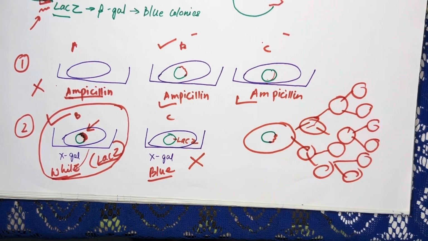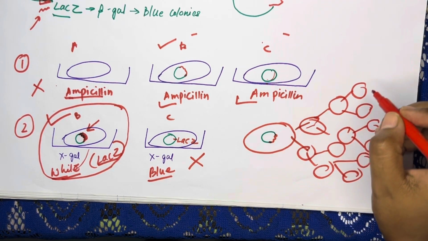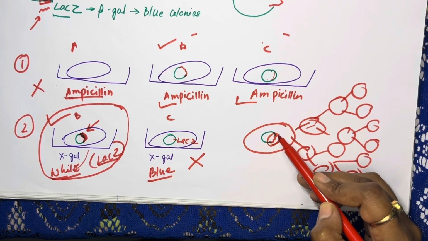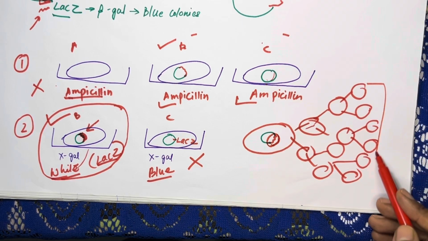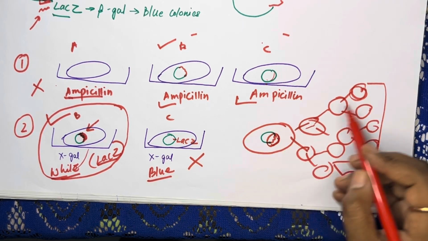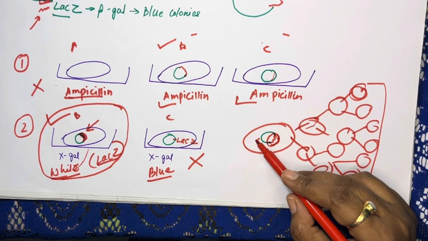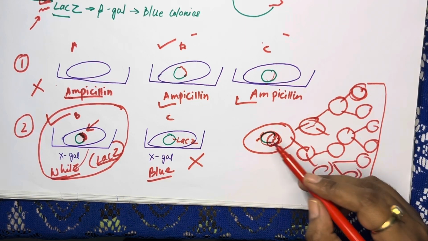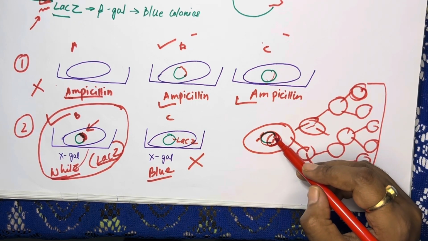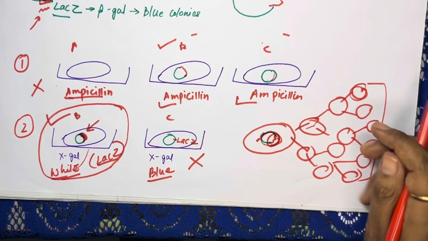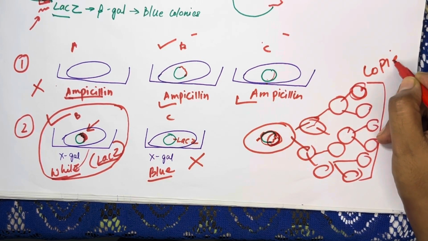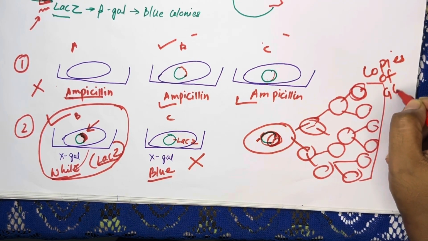So this is how cloning will take place. Now our final aim was to increase the copies of our gene of interest, and as the bacteria divide, along with their cell, our gene of interest will also divide, because this entire plasmid will do replication, and as a result our gene of interest, which was recombined with the plasmid, will also replicate, and thus we will get many copies of our gene of interest.